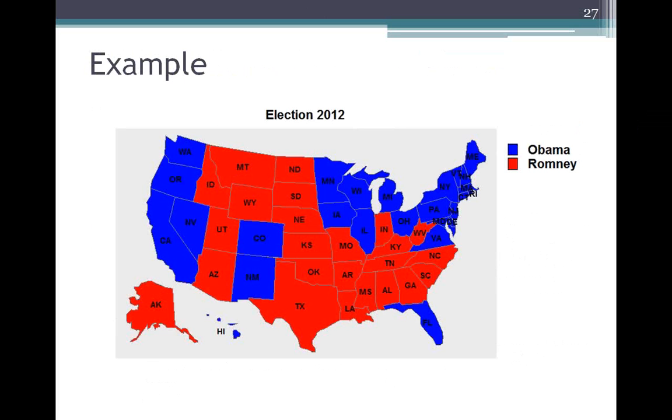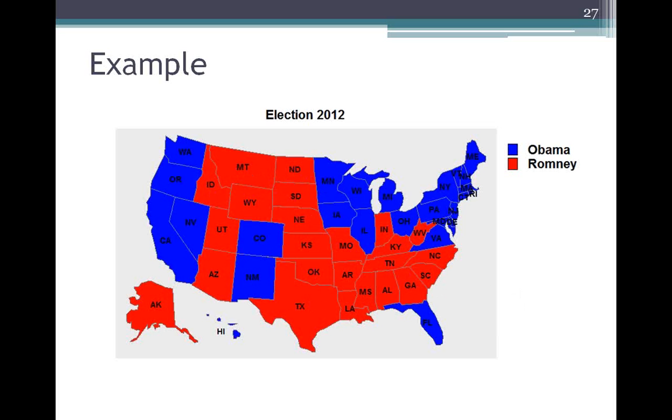All the states in the Northeast typically went for Obama. On the West Coast, they went for Obama. In the Midwest, except for Indiana, they also went for Obama. However, if you look down in the South, in the Plain states, up here in Montana, Idaho, Wyoming, and so forth, that was where they were strong for Romney.